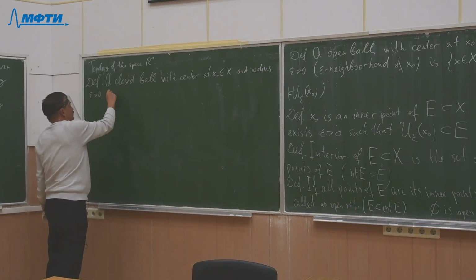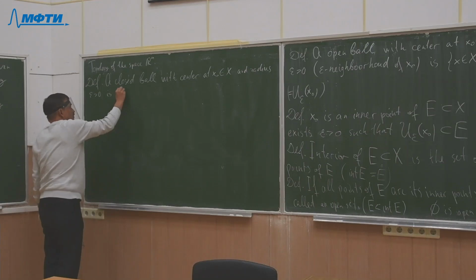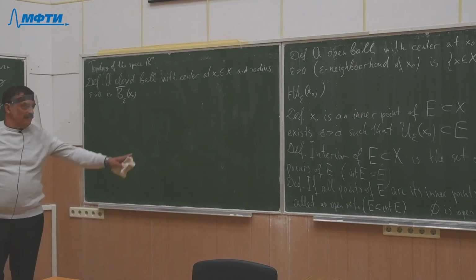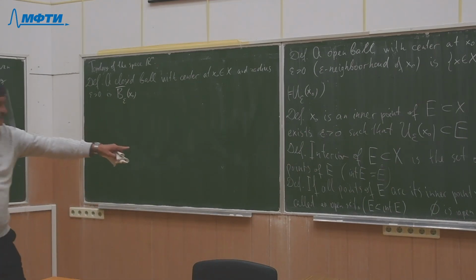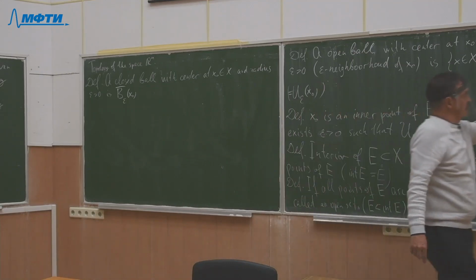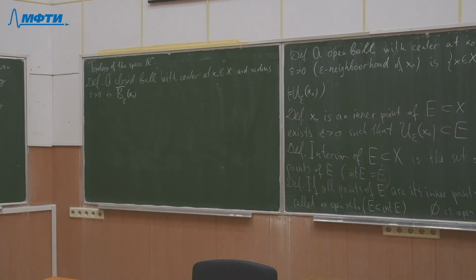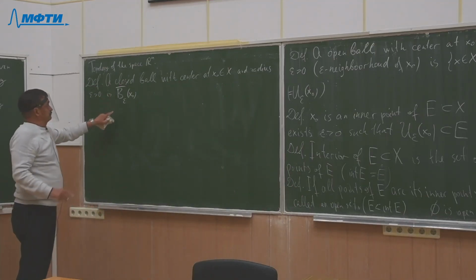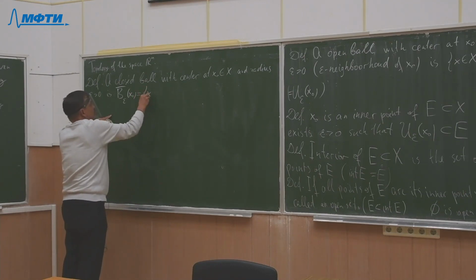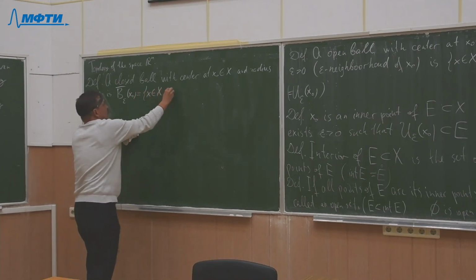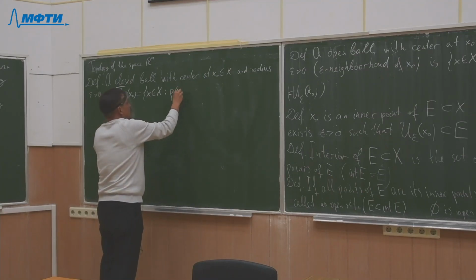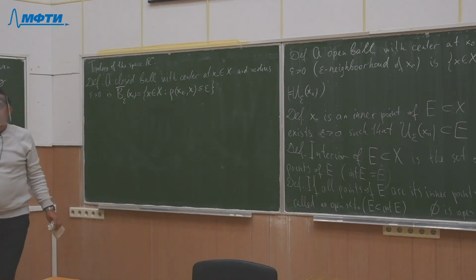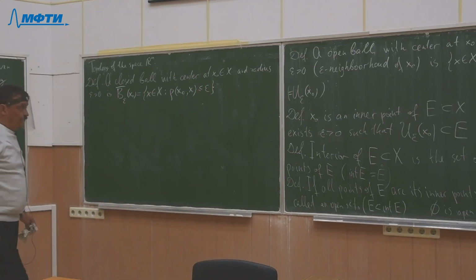We'll denote it by, okay, let it be B epsilon x naught closed. Remember, bar is for closure, right? But be careful, in fact, that is just a notation. So what is it? That is the set of all points x such that the distance between x naught and x is less or equal than epsilon. That is a closed ball.